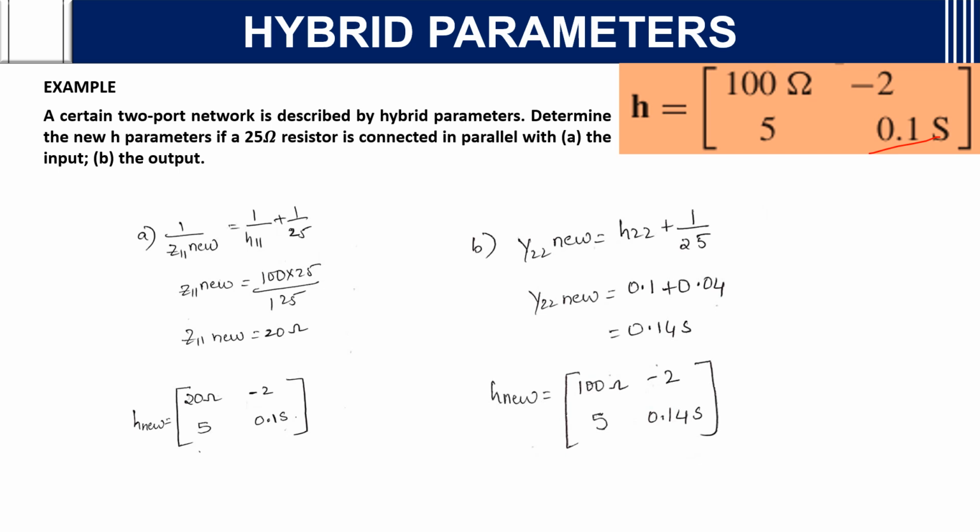So Y22 new is equal to 0.1 plus 0.04, you get 0.14 Siemens. So this is the new H parameter when a 25 ohm resistor is in parallel on the output side. In exams, if they remove the 25 and put a 50 ohm resistor, this method is the same, only the value may change.